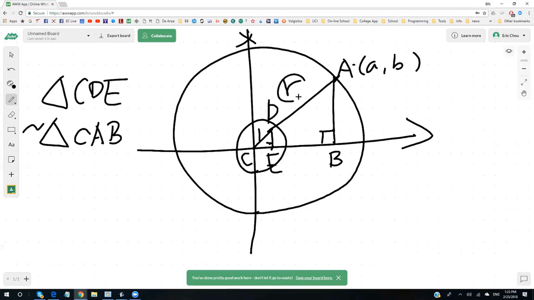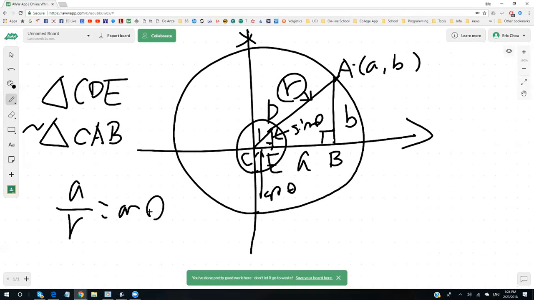This length is R for this radius, and this is A, and this is B. And here, this one's cosine theta, this one is sine theta. So A over R equals cosine theta, and B over R equals sine theta. So sine and cosine are both ratios.